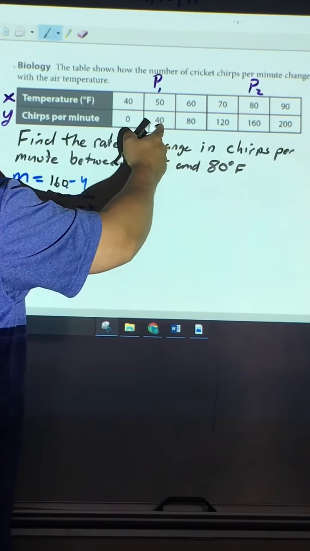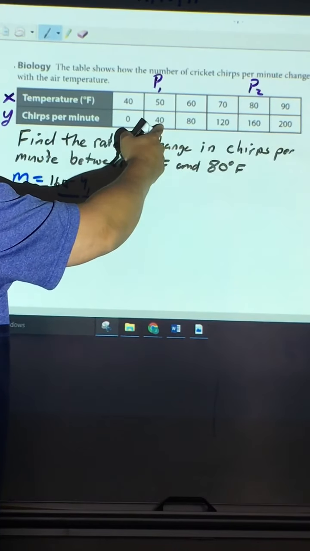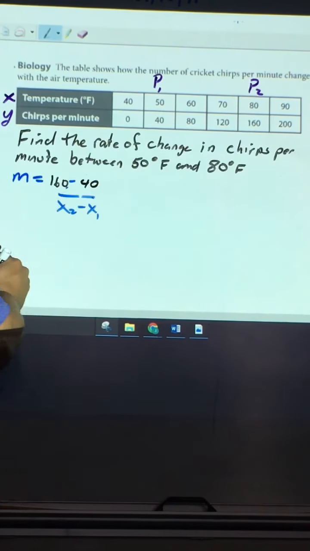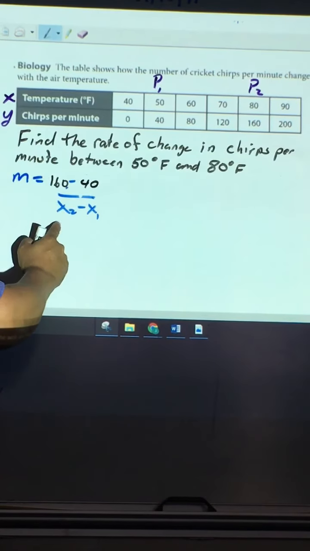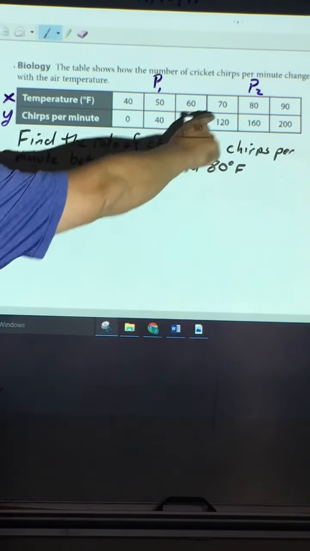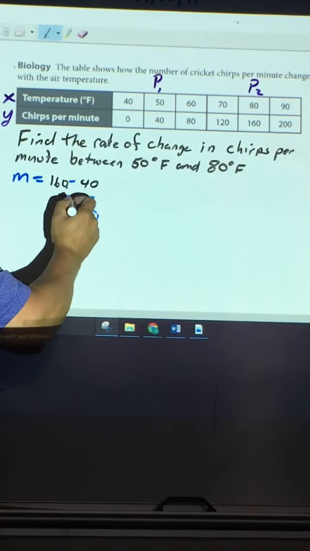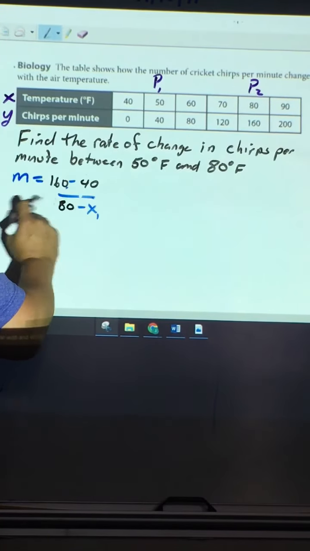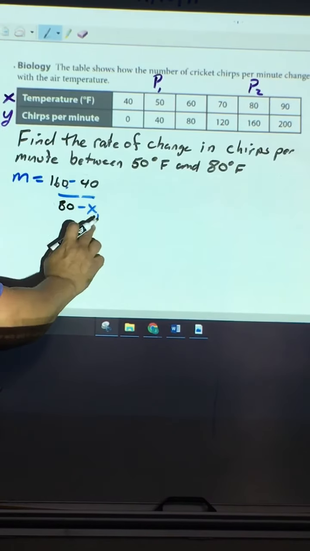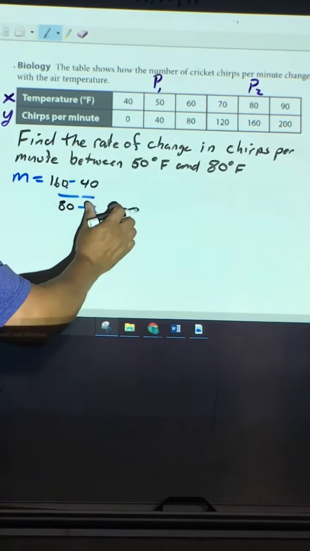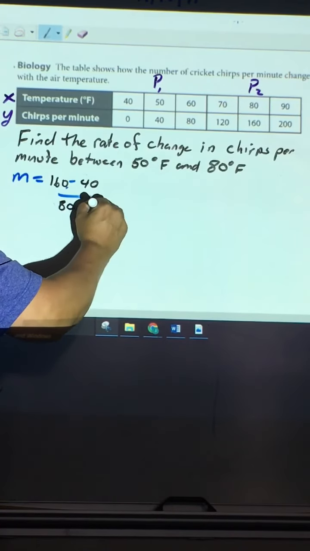Go to your column where P1 is located, and you'll notice that's a 40, so go replace this with a 40. x2, this is the x row, so we need to find column 2, and column 2 is right here, so we pull that number, which is 80, and we put it right here. Well, finally, we take x1, which is this row, this column, so we replace this with 50.